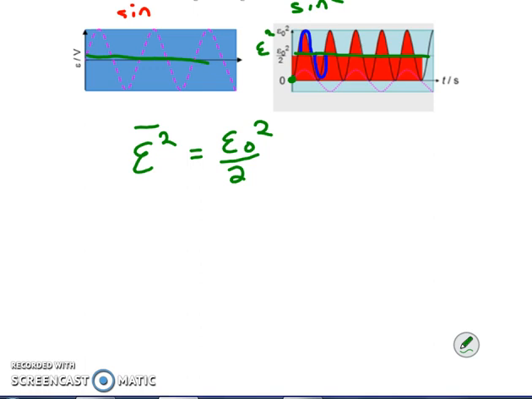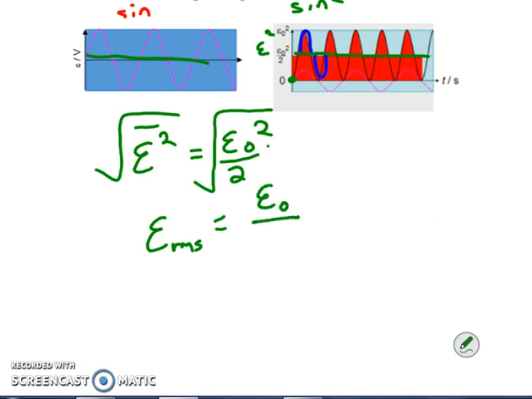Okay, so now if I want this in terms of the square root of this, I take the square root of this side and take the square root of this side. I'll call this E RMS, root mean square, equals the square root of this term, which reduces to epsilon naught all over radical 2.